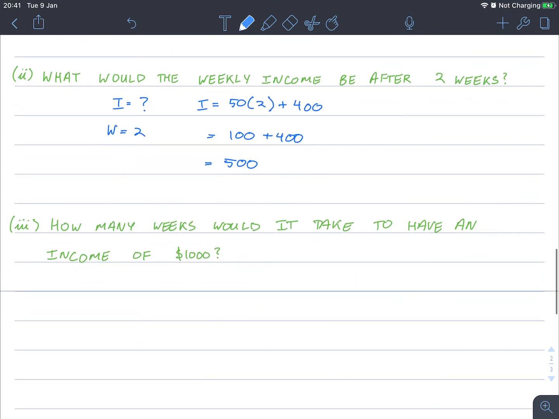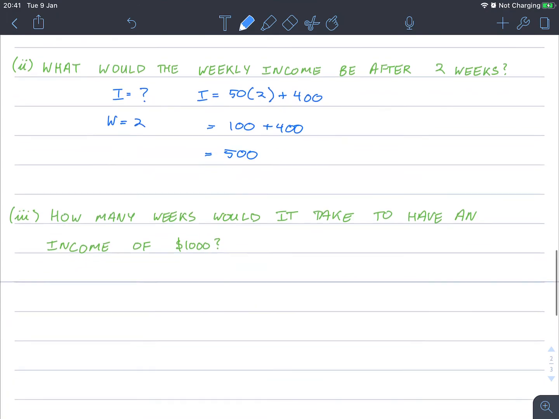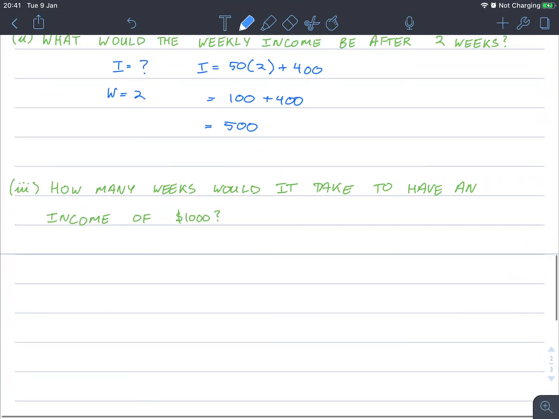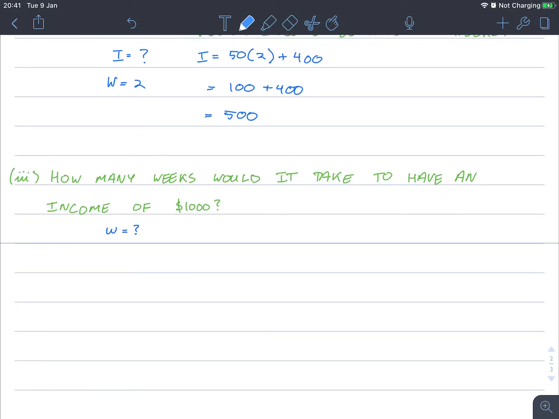How many weeks would it take to have an income of $1,000? Well, as you can see from the previous question, this time it's saying how many weeks would it take, meaning it's asking a question about the weeks that we don't know, and we're being told what the income is. So income is equal to 1,000.